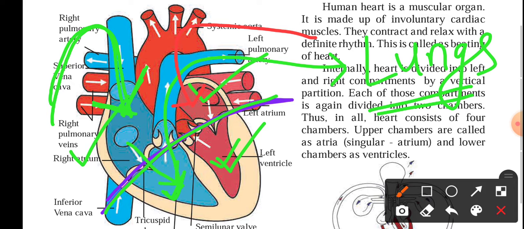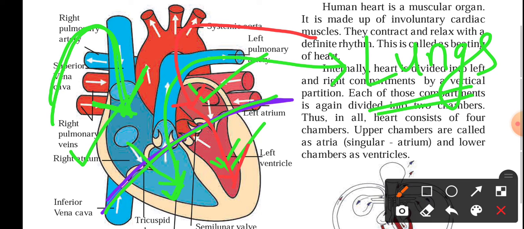Then from the left atrium, it comes to the left ventricle. And then from the left ventricle, again that oxygenated blood is pushed and given out to the entire body. Means that blood goes into the entire body.